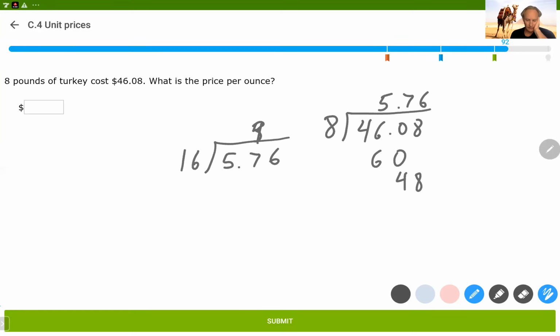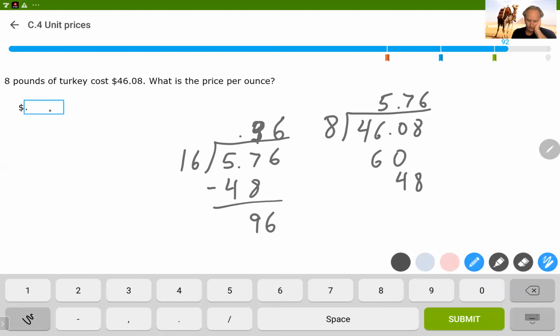So it's 3. 3 times 16 is 48. And we get a 96, huh? Which is 8. No. 6. 36 cents per ounce. That's pretty expensive. Mighty expensive turkey.